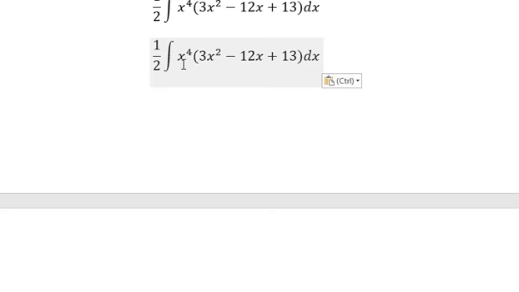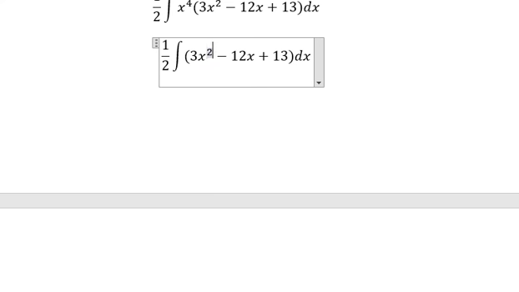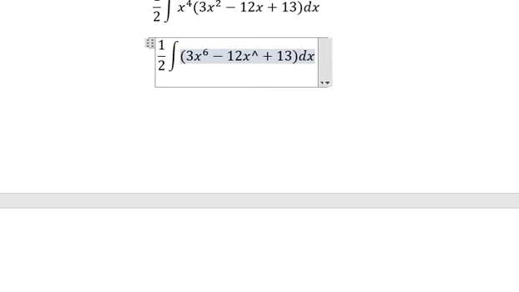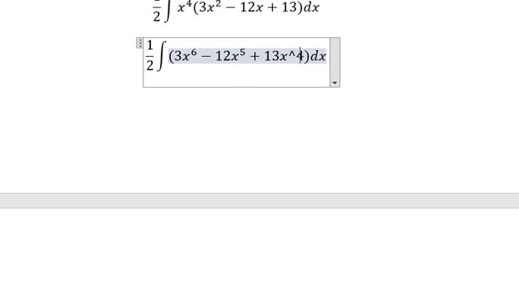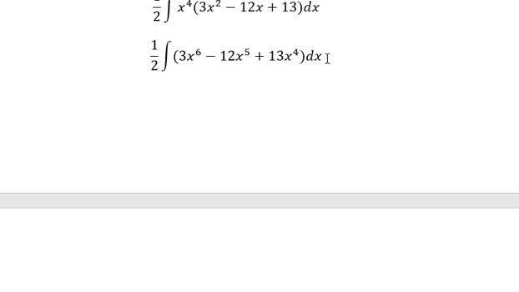Now we multiply x to the power of 4 with 3x squared, 12x, and number 13. And now we got the final answer.